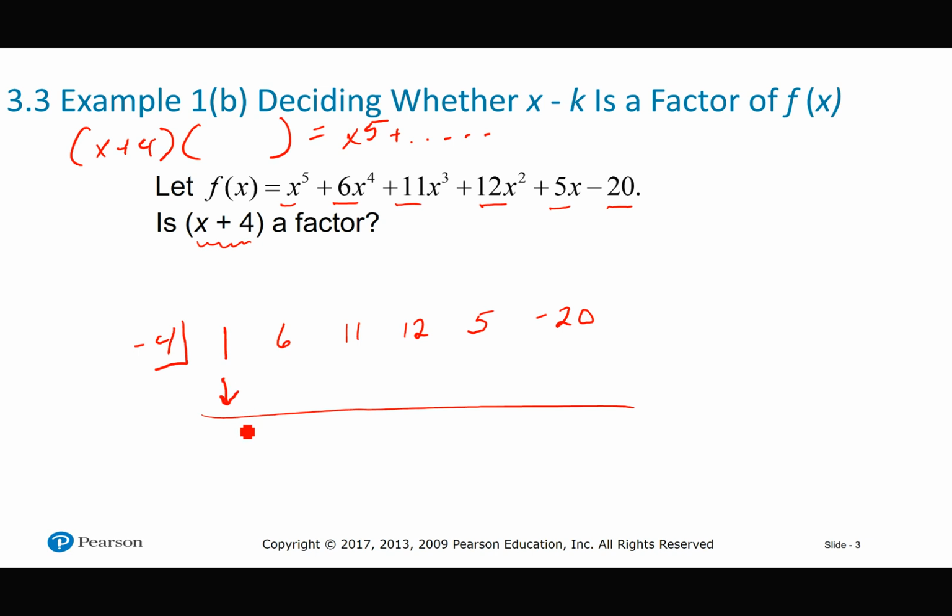Okay, the 1 comes down, and this becomes 1 times my press box to get negative 4. And then remember, we are adding as we go vertically with synthetic division. So 6 plus a negative 4 is going to be, I'm sorry, positive 2.